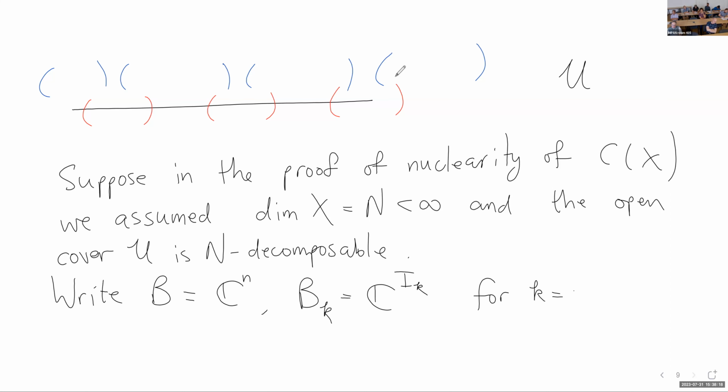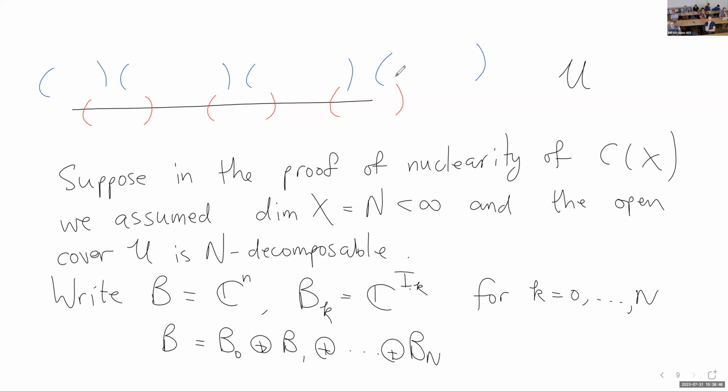Remember these I_k are the colors, so I have n+1 colors. In other words, I'm writing B as B_0 direct sum B_1 direct sum ... B_n. The colors give me a decomposition of the finite dimensional space C to the n into these n+1 pieces.